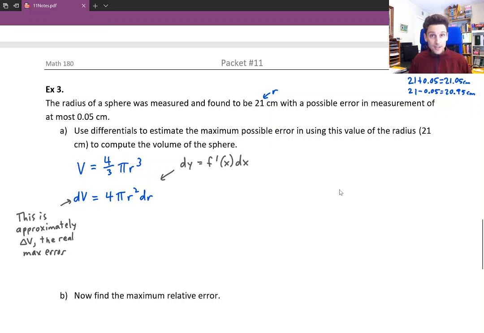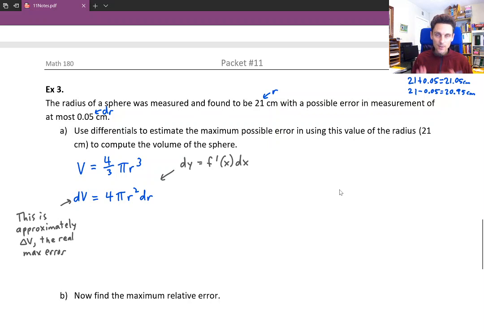Now the change in the radius, the little change in the radius from 21 centimeters out to the possible range of values of the radius, is the 0.05. It's the dr. That's the dr right there. dr again represents a little change in that radius value.